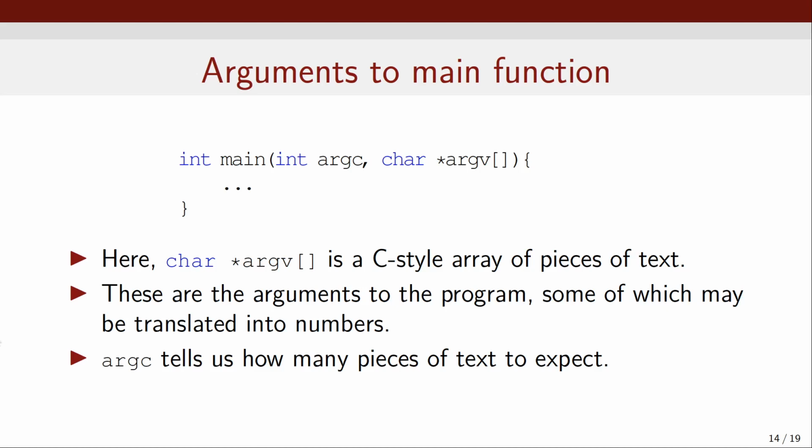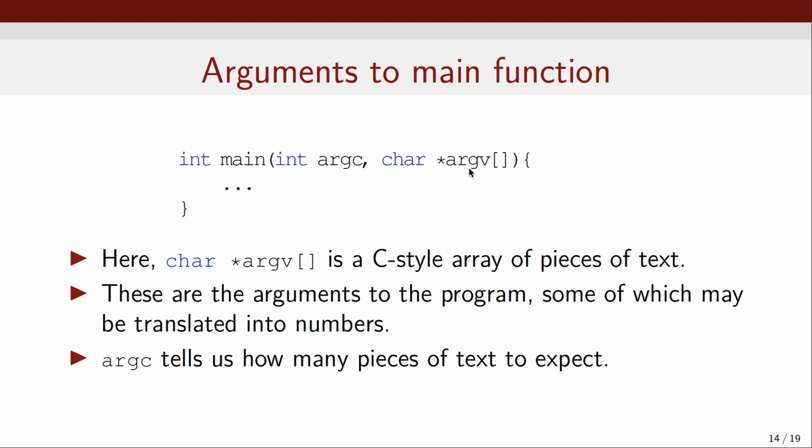So if we pass a value to a program, the value of argc would be 2. One is for the argument and one is for the program name. The value of argc should be non-negative.